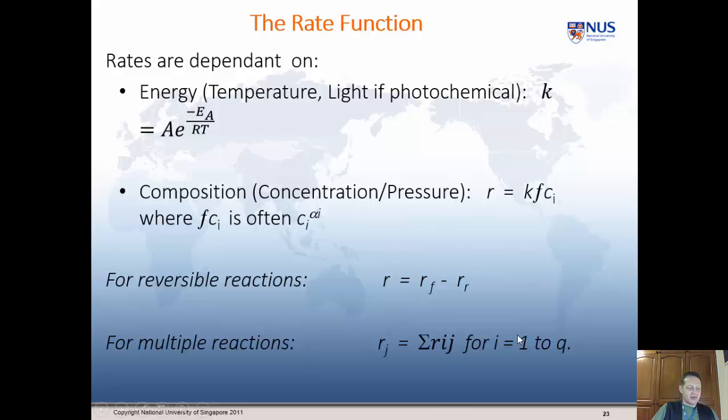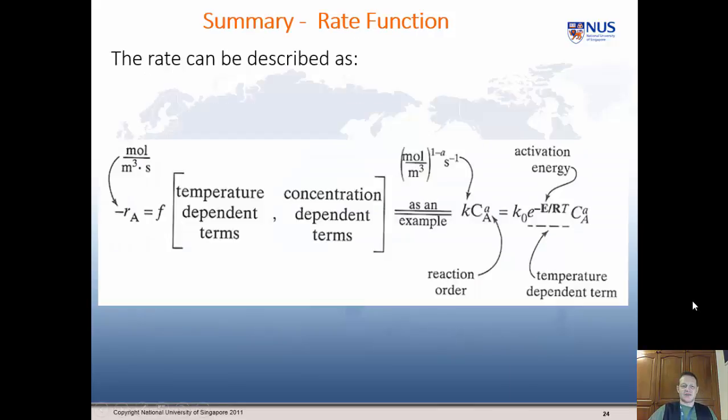Really the same logic we had before, where J is the number of reactions and I is the number of species. Now, we need to think a little bit more about this, because I'm hoping what I'm doing is bedding this into what you already know from the first and second year. So here's, if you like, putting all that together.